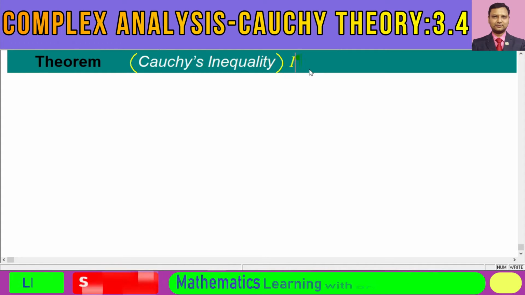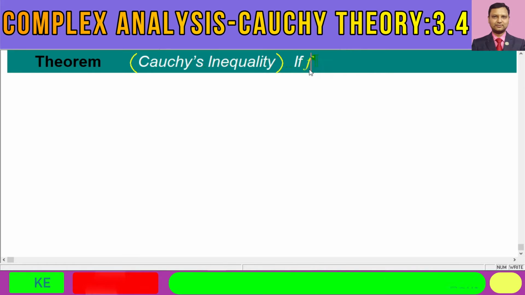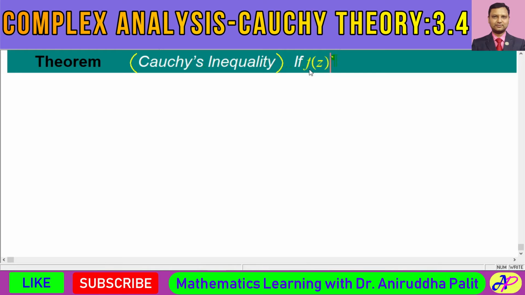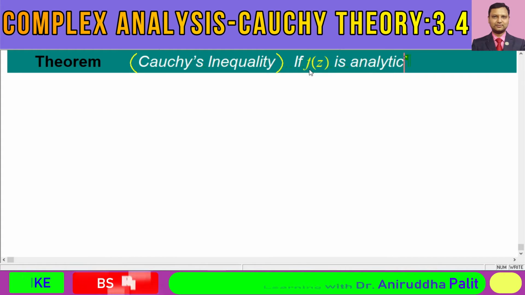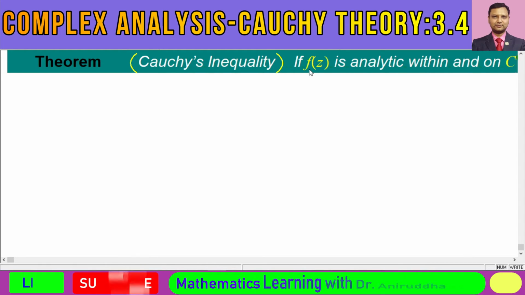It says that if f is analytic within and on this curve C, and what is this C?